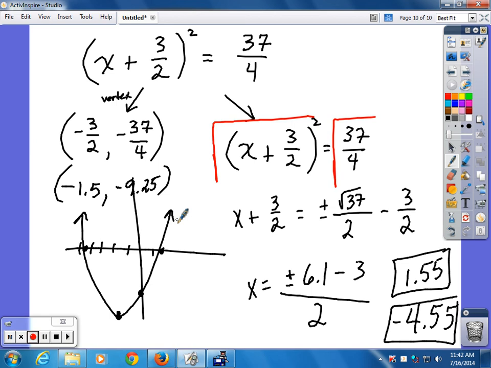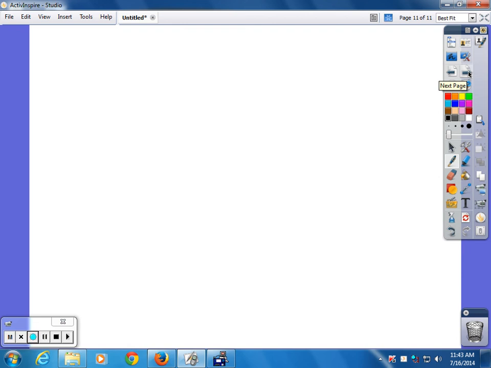I might just say complete the square and give me the x value, or I might say find the vertex and the x value, and the x-intercept. All right, ready? x squared minus 5x plus 1 is equal to 0.